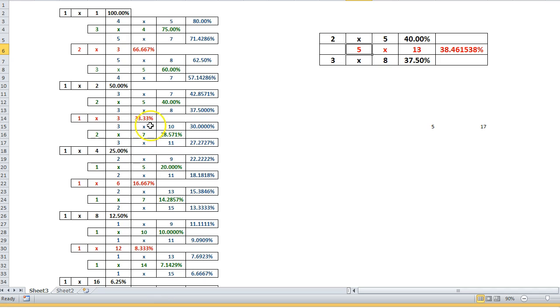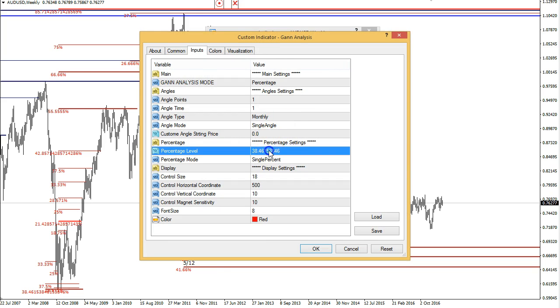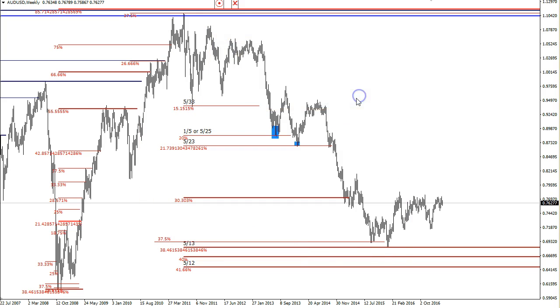From the percentage here, you can see that 30 and 33. 30% is 3 by 10, 33 is 1 by 3, halfway 4 by 13. 4 by 13 is 31.25, which is 5 by 16.